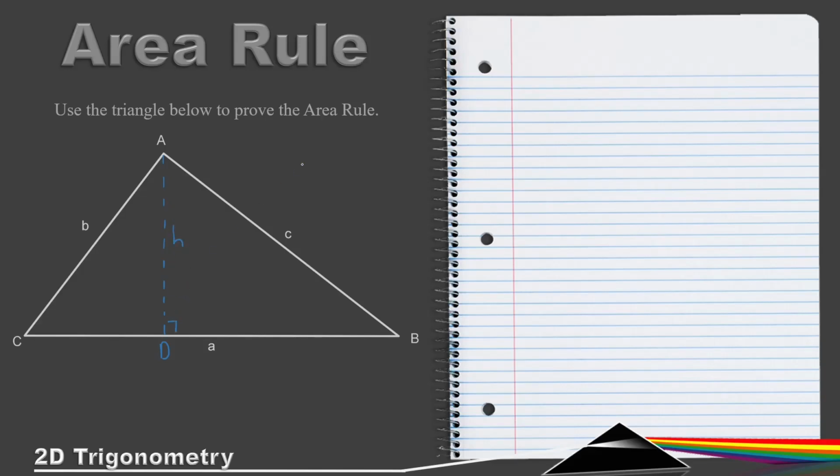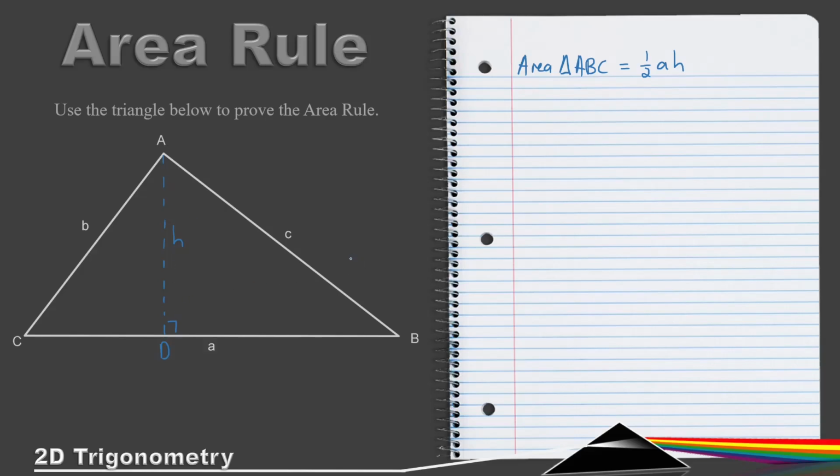Alright, so if we had to find the area for this triangle, it would have been straightforward. We just say, okay, the area of triangle ABC is equal to half times base. In this case, we'd have the length A as our base times the perpendicular height, which is just going to be H over here.